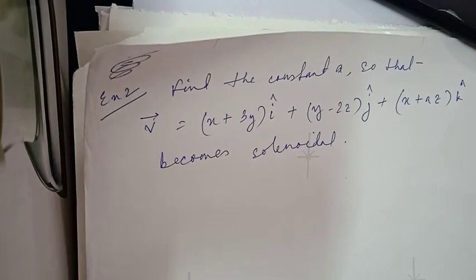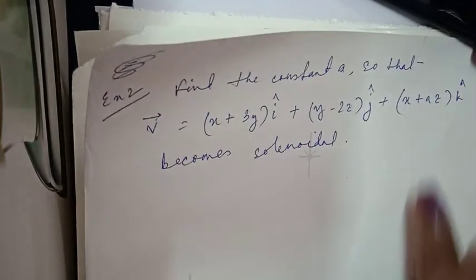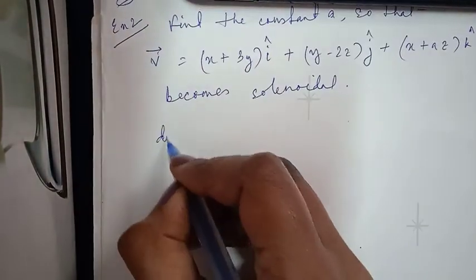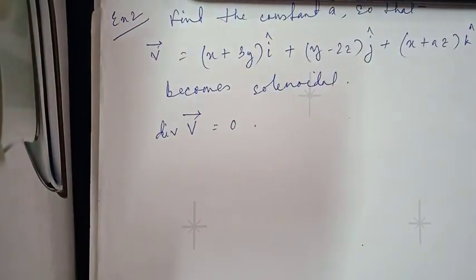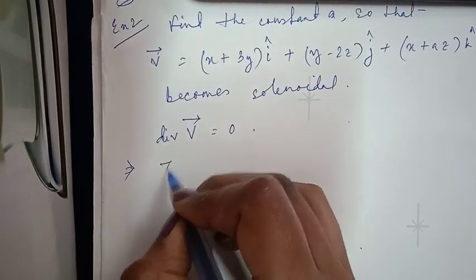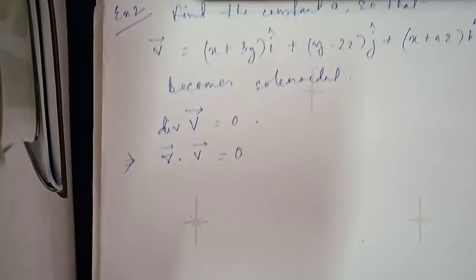Okay, so find the constant a so that this vector becomes solenoidal. Now what is the condition of being a solenoidal vector? The answer is the divergence of that vector, that is divergence v, will be equal to 0. And what does it mean by divergence v? That means nabla operator dot vector v function must be equal to 0.